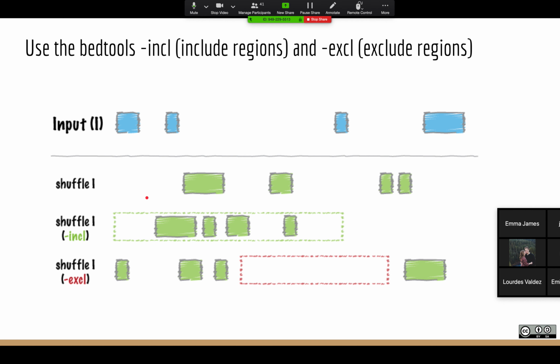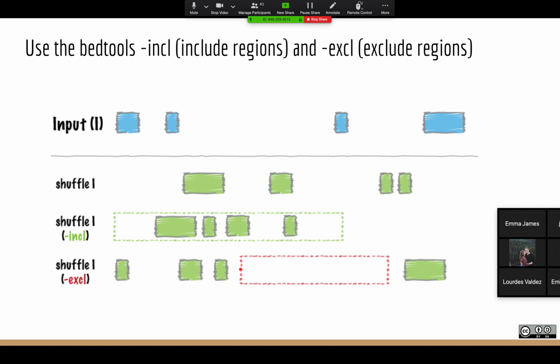If you define an inclusion region, which is this green region, these intervals can only be shuffled to random locations within that subset of the genome defined by the include region. Okay? So that could be, for instance, the in-play regions for ChIP-seq experiments.